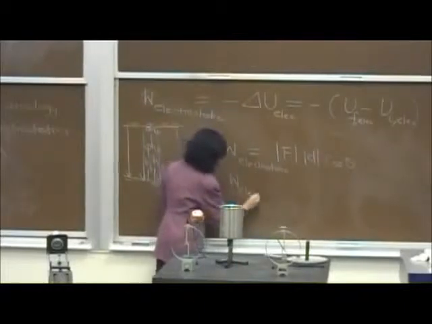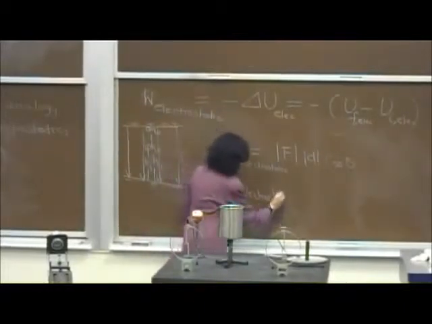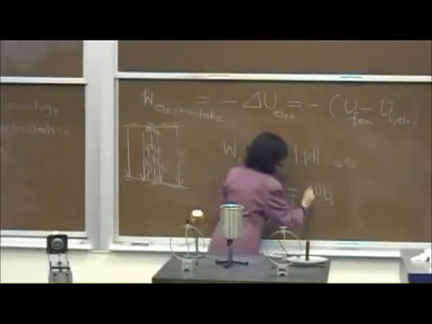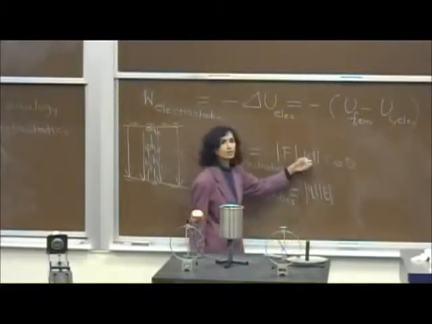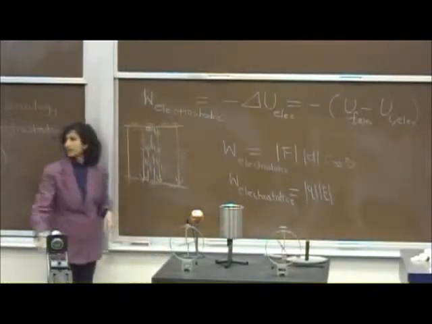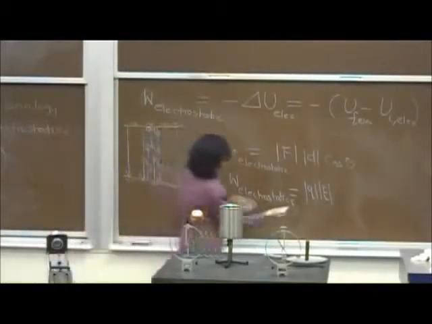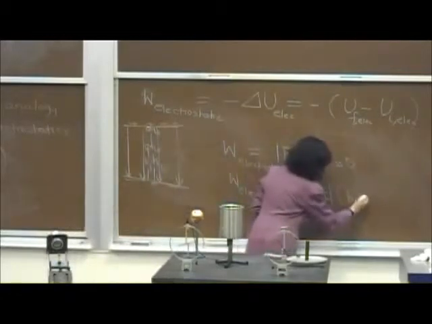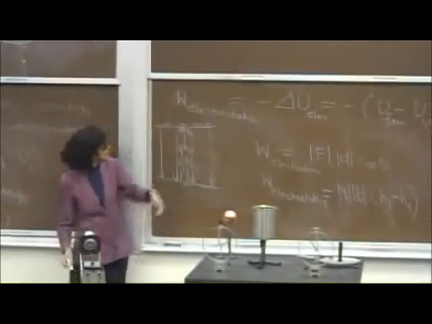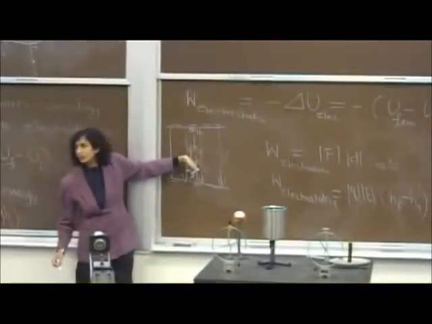So this work will be Q times E times, what is the displacement? Can I again call it h_i minus h_f? Yes, this is h_i minus h_f. And what is cosine theta? That's the angle between the force that this charge is feeling, which is downward, right?